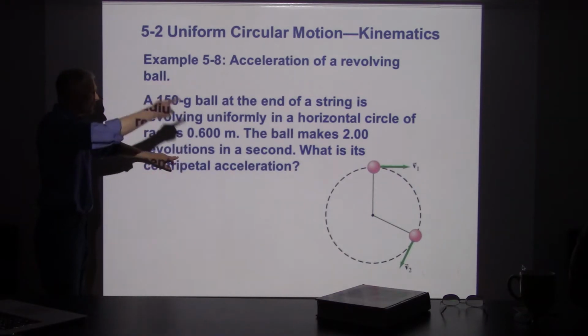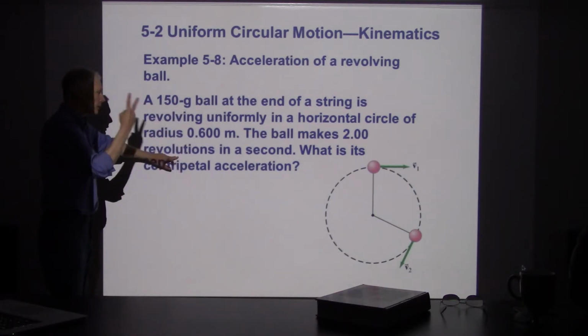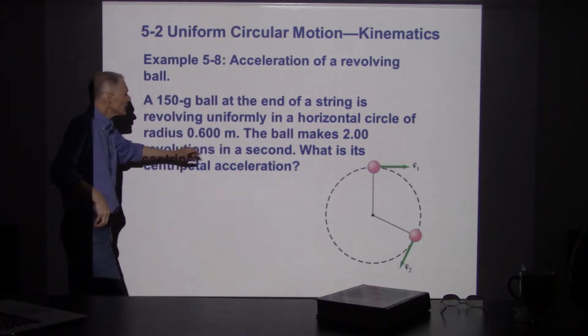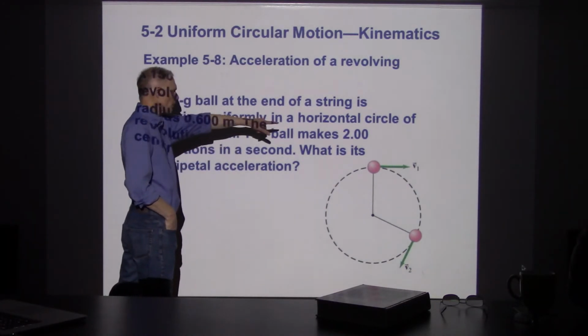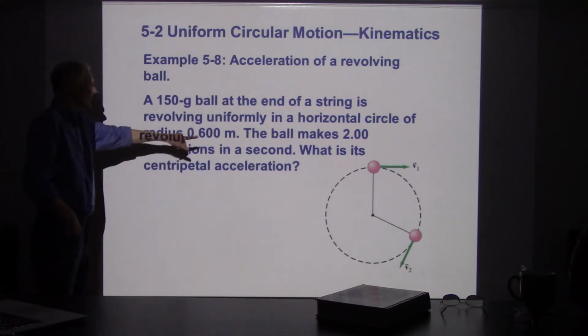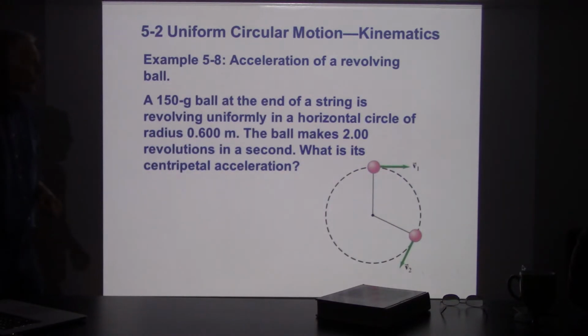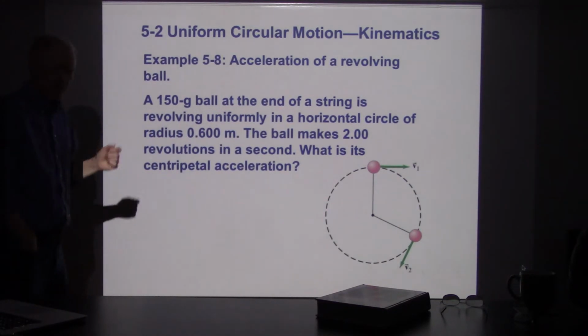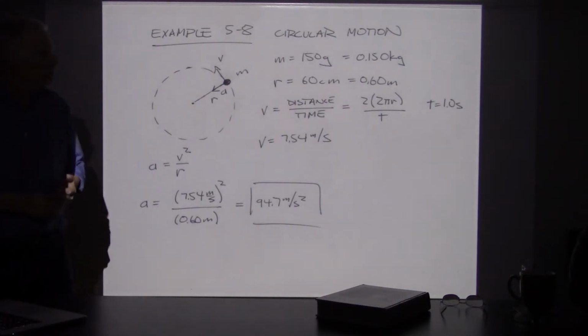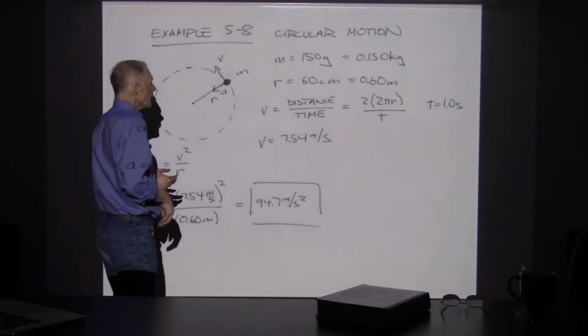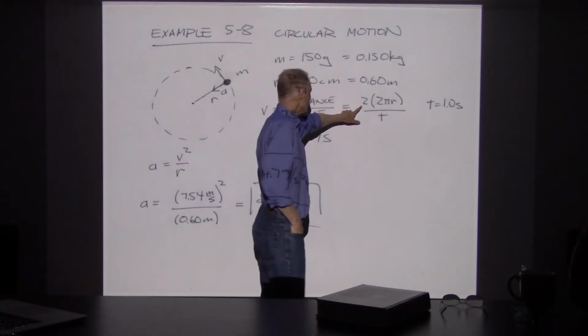So it completes this motion exactly 2 times in 1 second. If that's 2.00 revolutions, I guess that's got to be 1.00 seconds. What's the centripetal acceleration? So always read the problem carefully. That's key. And that's why I got a factor of 2 here.